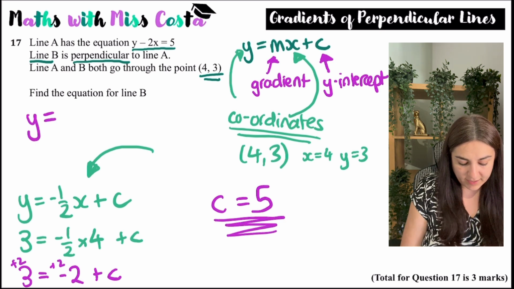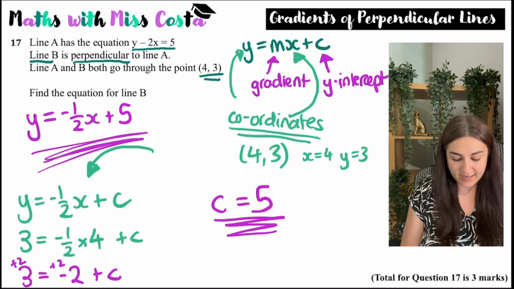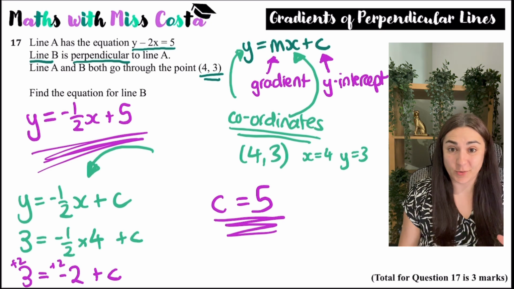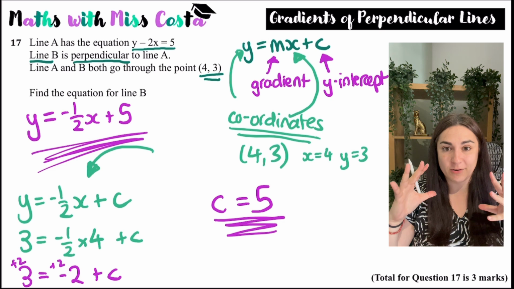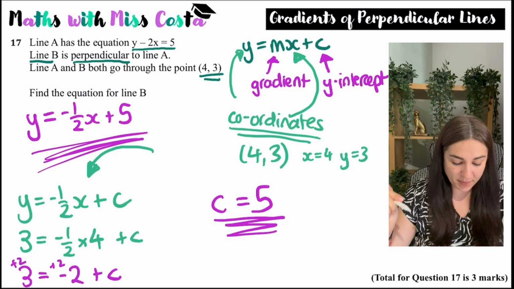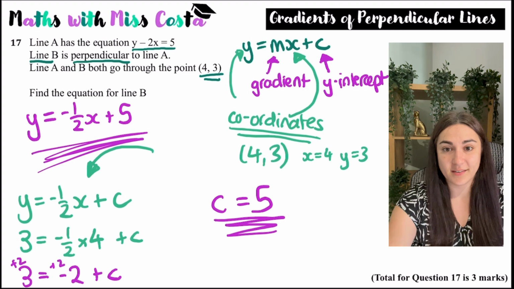Therefore, the full equation of the line is going to be y equals minus a half x plus 5. And that's how you do a perpendicular question. If the question was the same but parallel, you just know parallel lines have the same gradient. And remember to always use the point and substitute it into your equation.